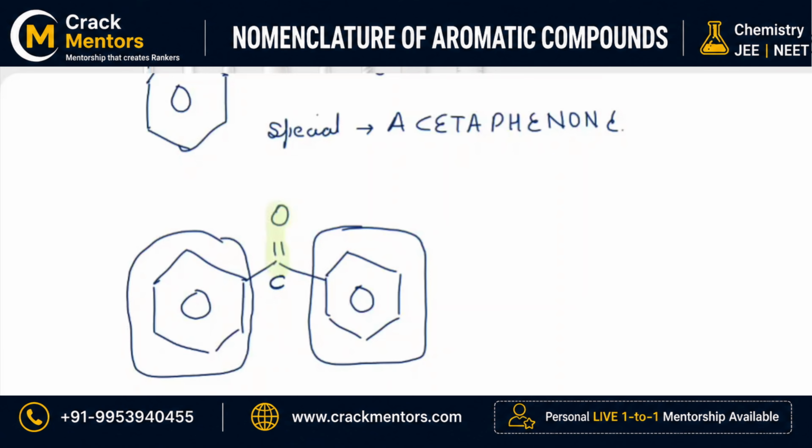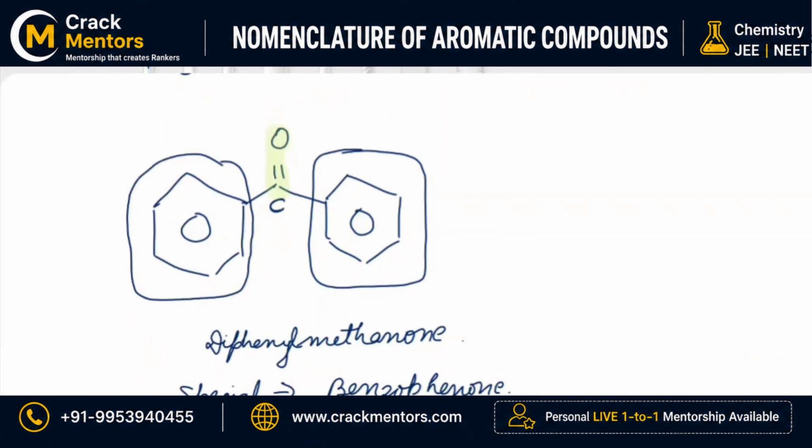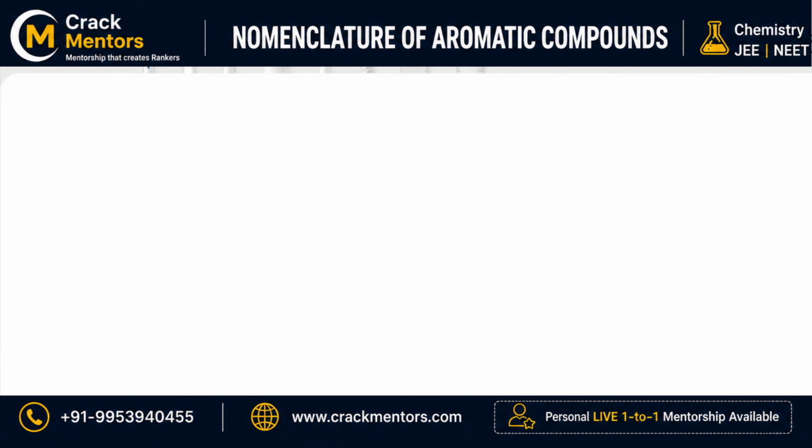So these are phenyls, so I can write the name as diphenyl. C double bond O, that is 1 carbon, will be treated as methanone. Okay. It has a special name also. The special name for this is benzophenone. Right? Let's discuss one more example.